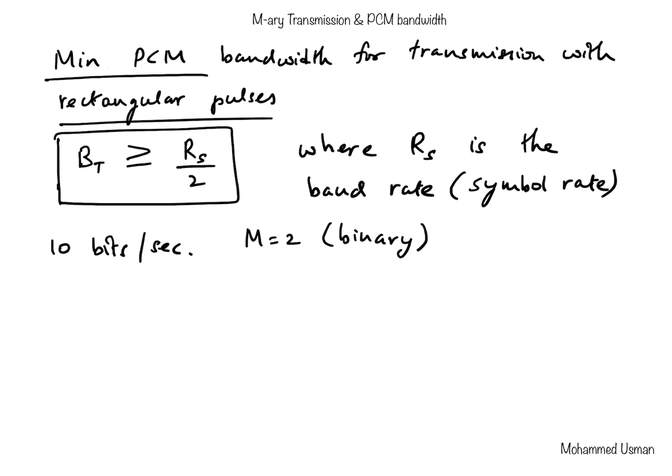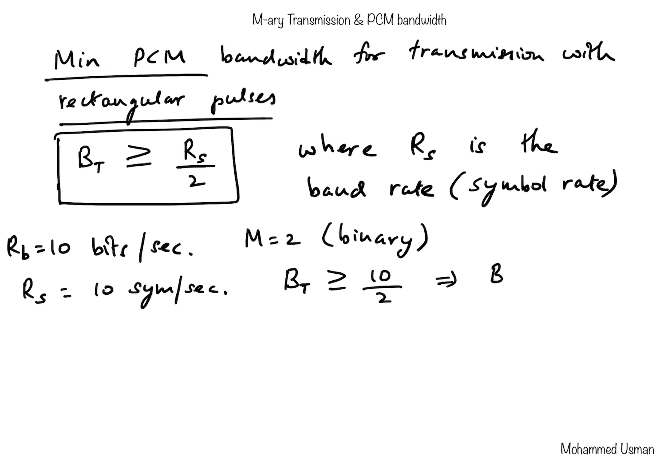So to transmit 10 bits per second, so that's our RB, with binary transmission, Rs should be 10 symbols or pulses per second, right? So Rs should be 10. Therefore, the minimum transmission bandwidth is Rs by 2, which is 10 by 2. So that implies the transmission bandwidth should be at least 5 hertz, right?